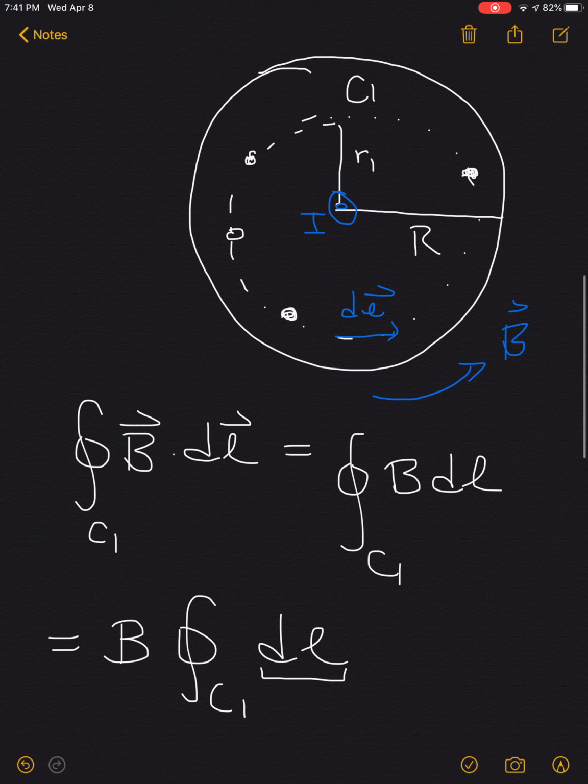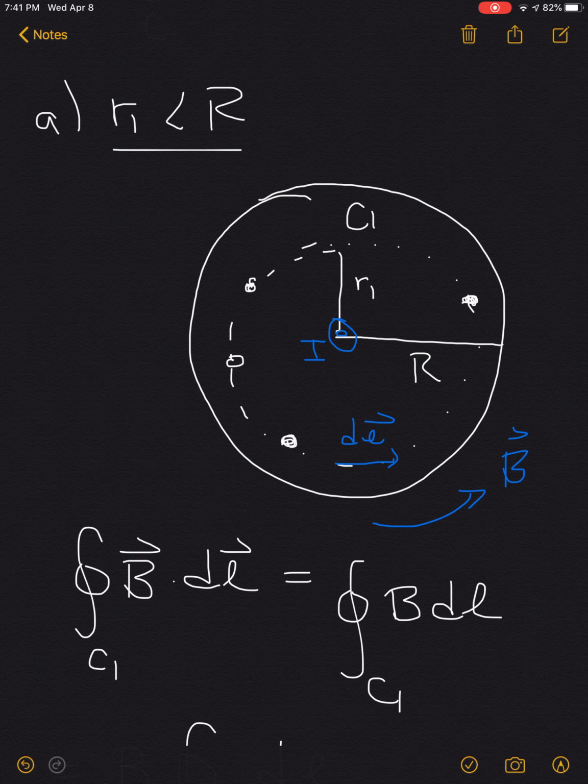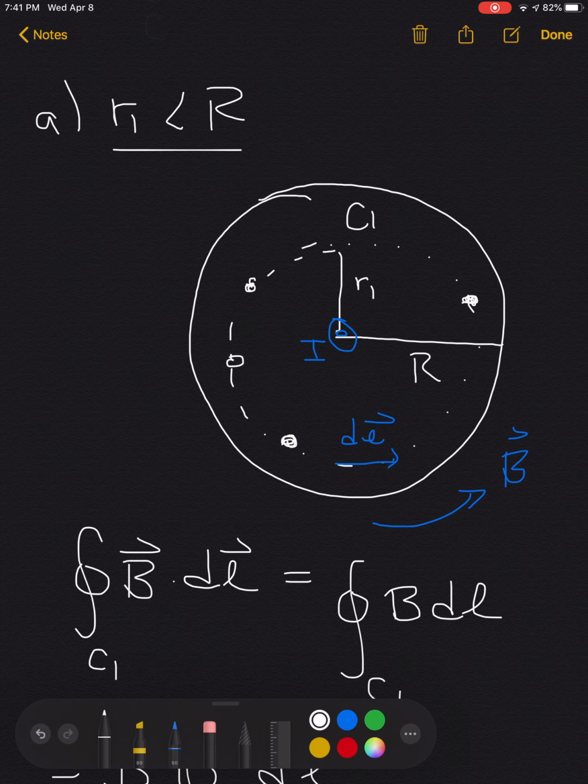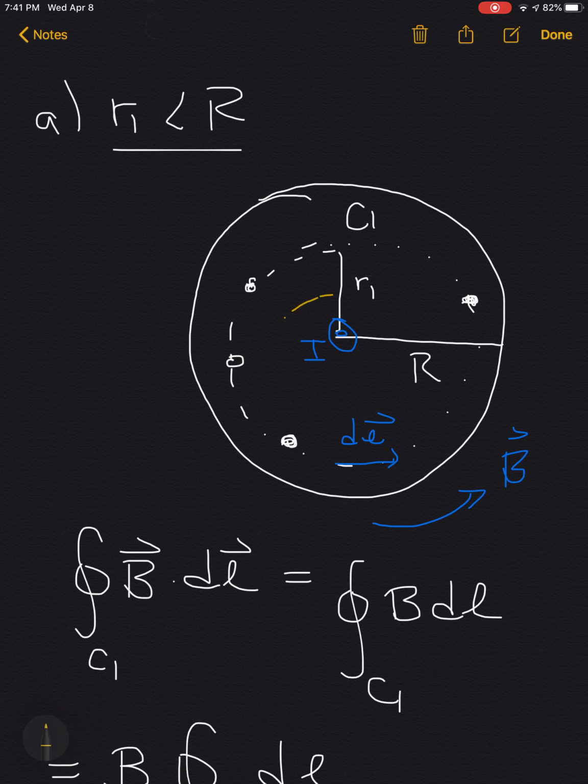Now, the way that we want to find out what I enclosed is, let's consider a little segment of this wire. Let's consider a segment that's like a thin sort of shell, like that.